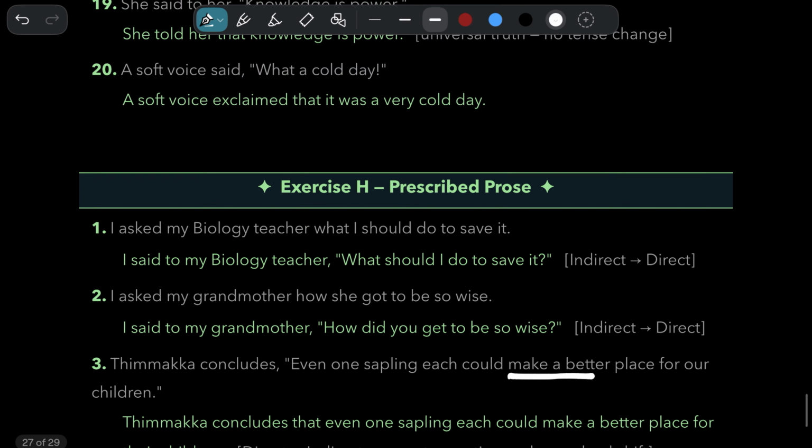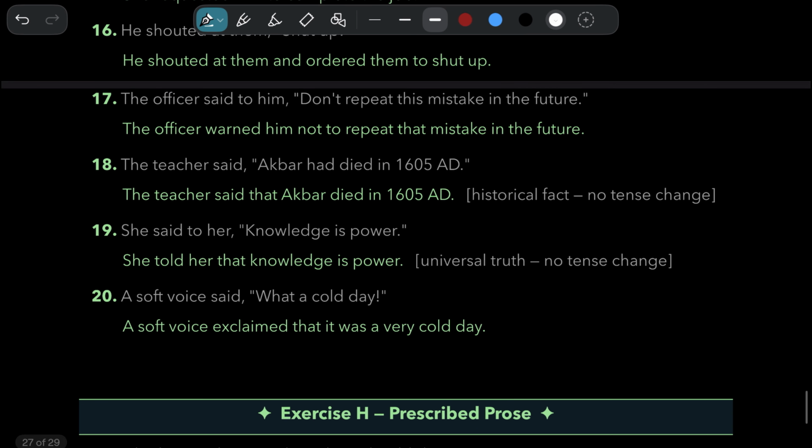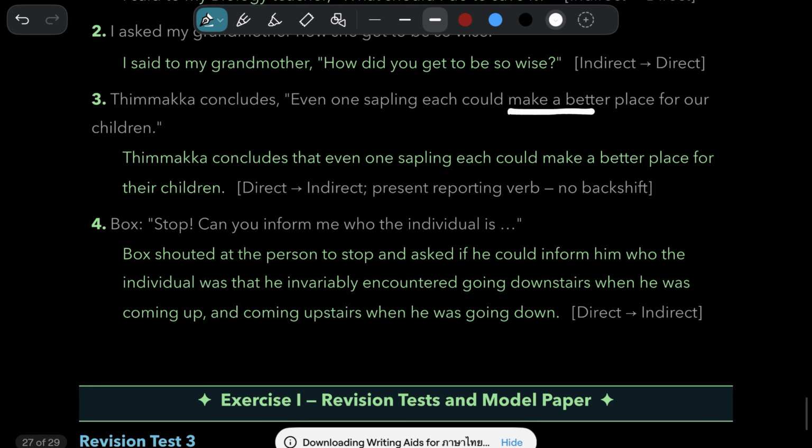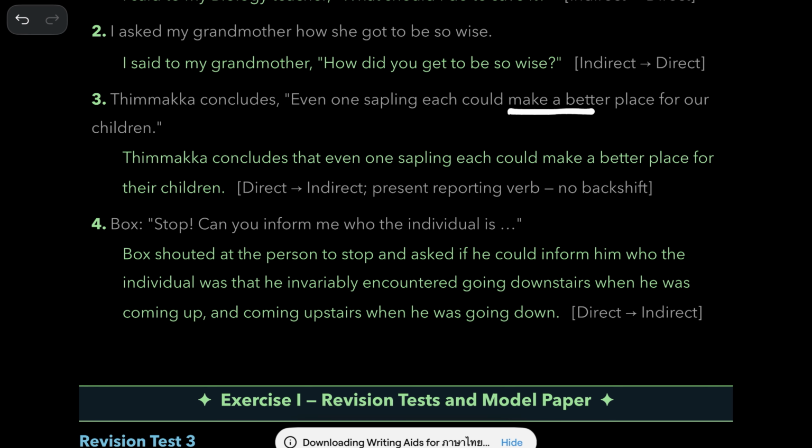Even here also there is a small change that is required. Now, let's continue. So you need to have a noun there, actually. Could make this planet a better place, that is missing. So in your answer also you have to write that.